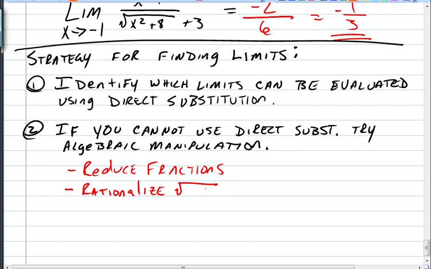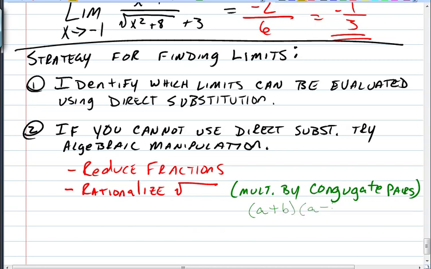How do you rationalize radicals? Multiply by conjugate pairs. Hang on. I'll answer your question. Conjugate pairs are things like a plus b times a minus b.